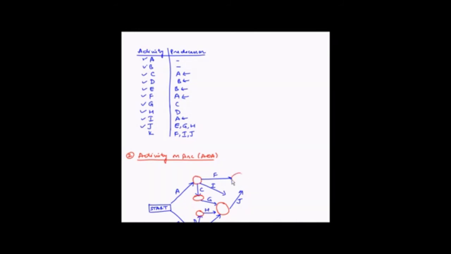So we'll draw a dummy node here, and we'll draw another node here, and we'll point a dummy activity here.